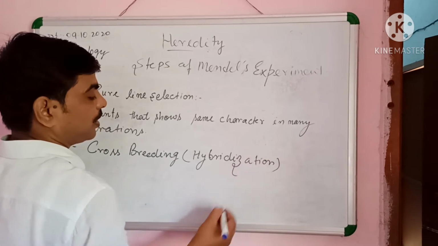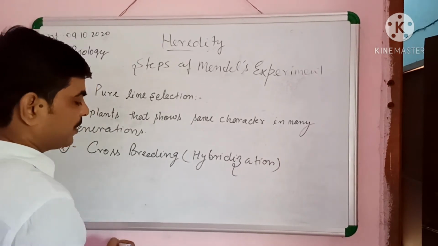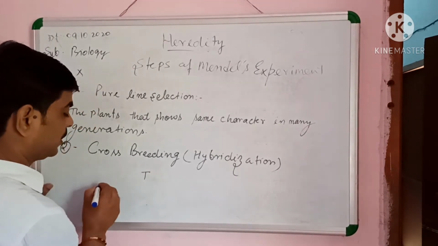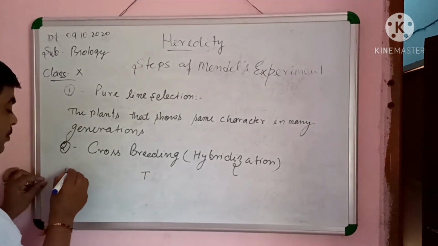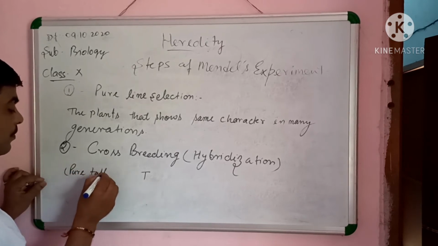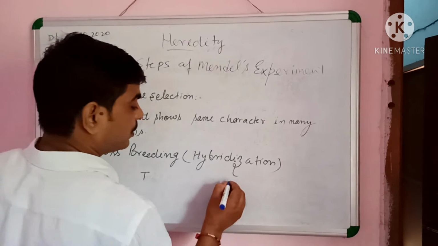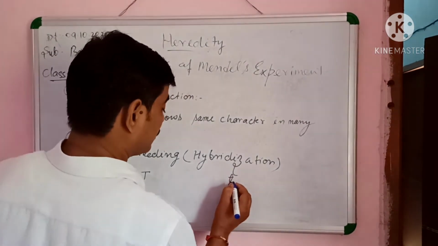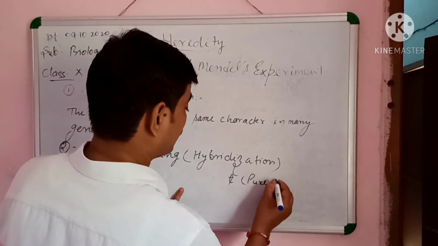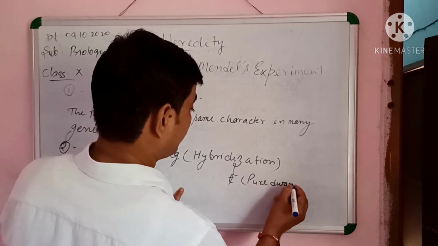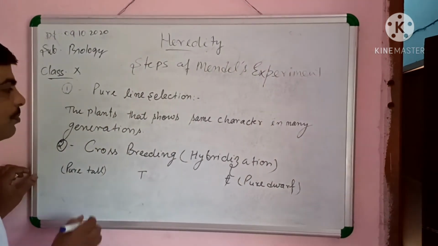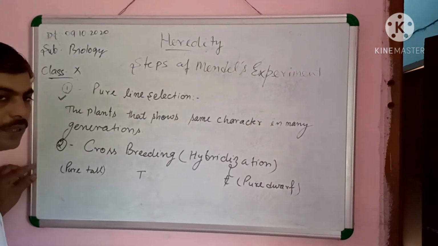Cross breeding, hybridization. It means, suppose we have a character. It is pure tall, and this is the same character, that is pure dwarf. So these are the pure line plants. This is the first system.